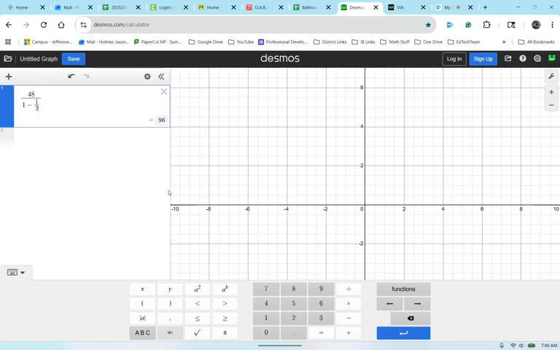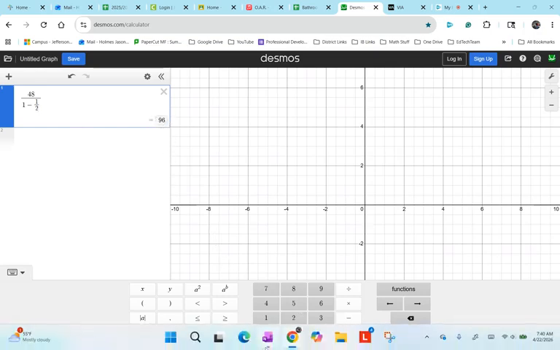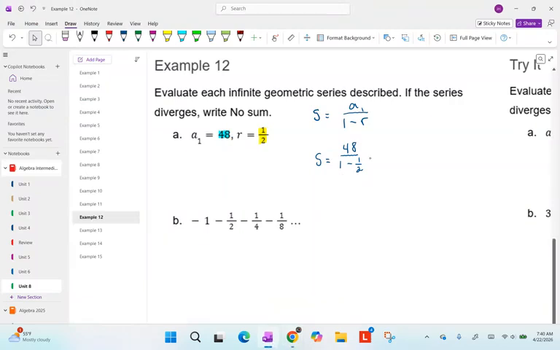So we put that in there just like that, and it gives us a sum of 96. And so what we're saying is this series goes along and we add it up, that we're getting closer and closer to the number 96.